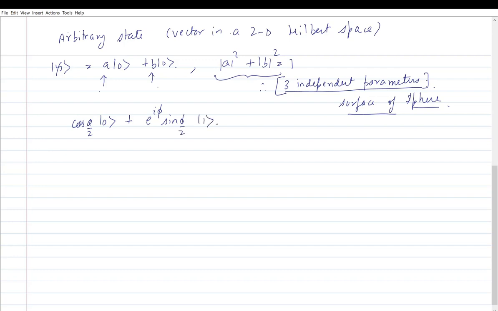Mind you, the overall phase doesn't really matter, so I might as well drop it, since this qubit is equivalent to something with an overall phase of, say, phi 2.